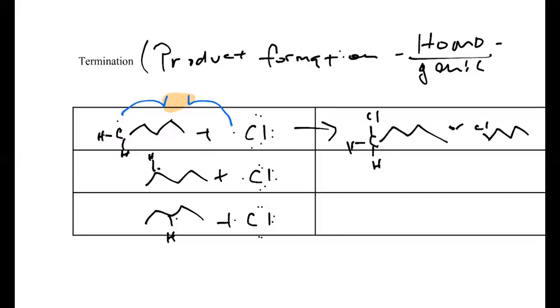What about for the second product? What are you going to do there? Anything different? No. Please don't say yes. Same thing, same process. One electron from each atom. It's all homogenic. So the product looks like this. Is that right?